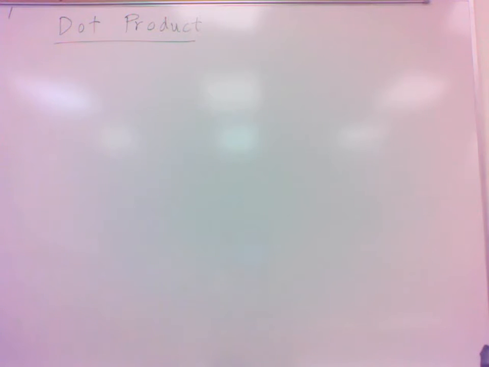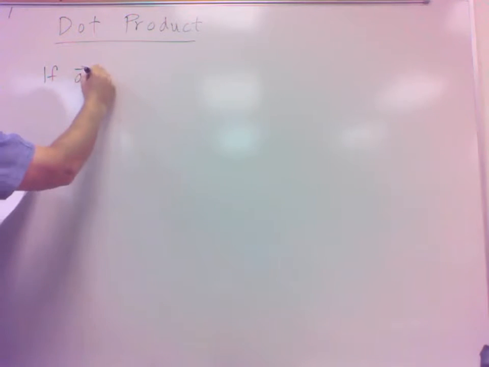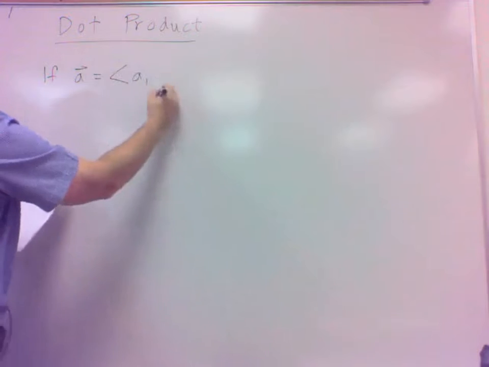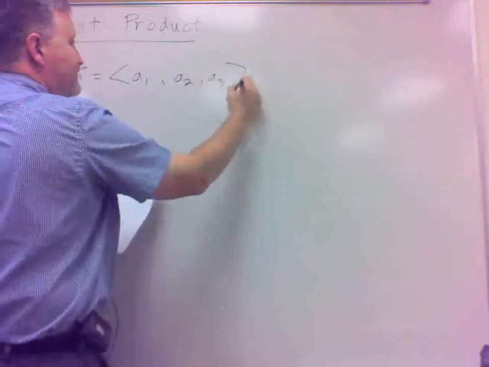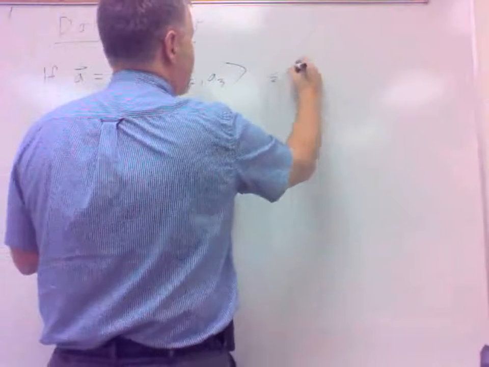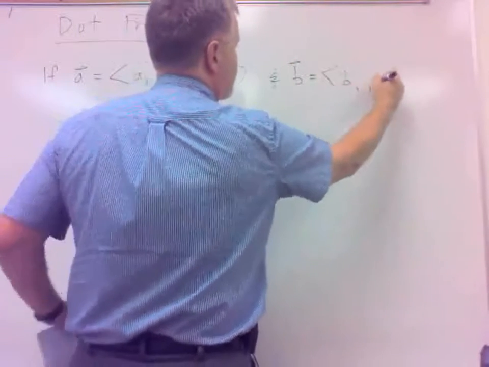Really, let's just go with the definition, and I'm going to use three-dimensional vectors. A is just our standard A1, A2, A3, and then B vector is B1, B2, and B3.